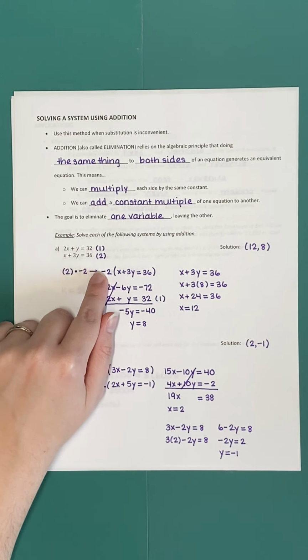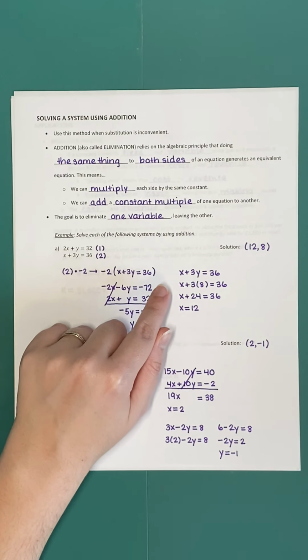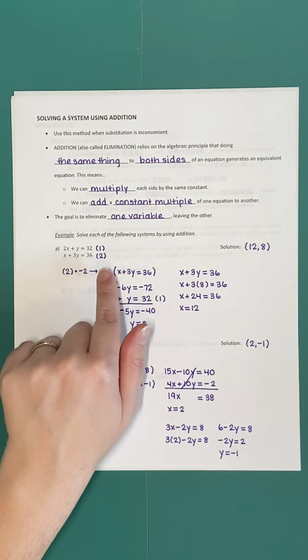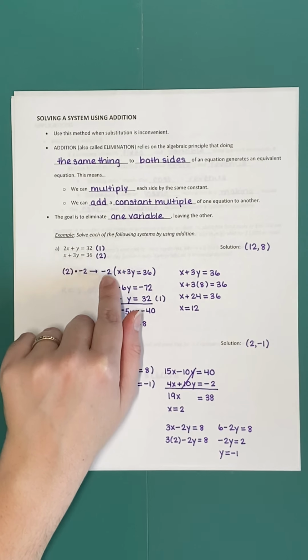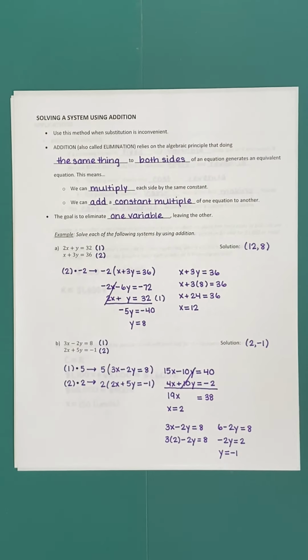Now technically this is not exactly proper notation. Technically you would write parentheses around one side and then parentheses around the other side, also multiplied by -2. But the general idea is that we want to distribute a -2 to every single term in the equation. The easiest mistake is to do it to one side and forget to do it to the other side.